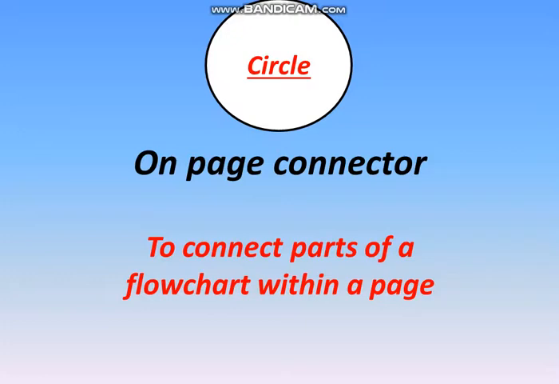It is used to connect part of a flowchart within a page. जैसे कि if you are making a flowchart and it is long and you want to connect one flowchart to another flowchart within the page, उसी पेज में, सेम पेज में, ठीक है? जैसे कि दो flowchart है और दोनों को कनेक्ट करना है एक पेज में, then we will use on page connector. Okay.